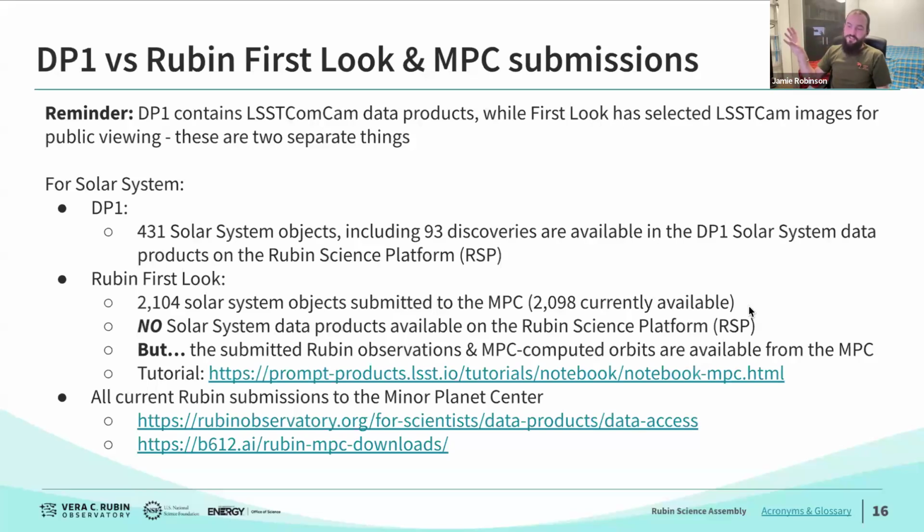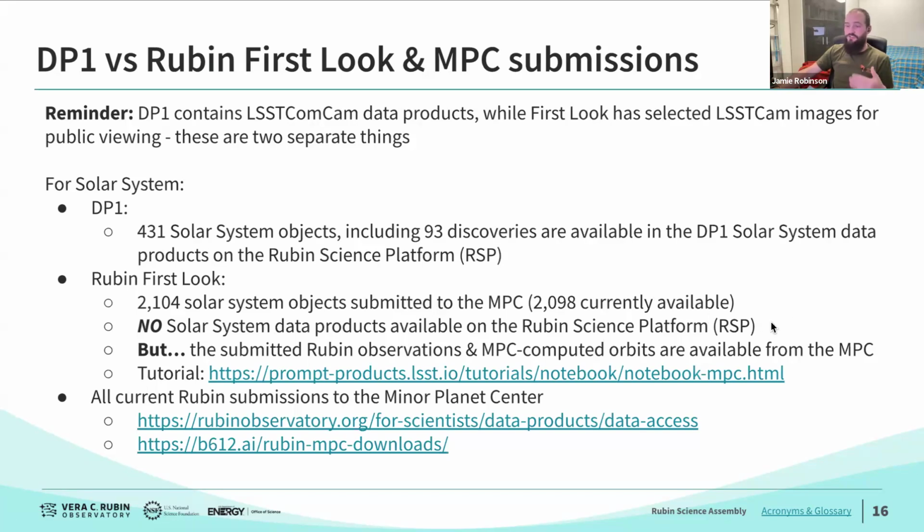The Minor Planet Center doesn't hold images, but it does hold RA, Dec, and a magnitude that was submitted. Although it's limited compared to the full detail that you can get with Data Preview 1 and what we would expect with the other Rubin catalogs, it's really valuable.